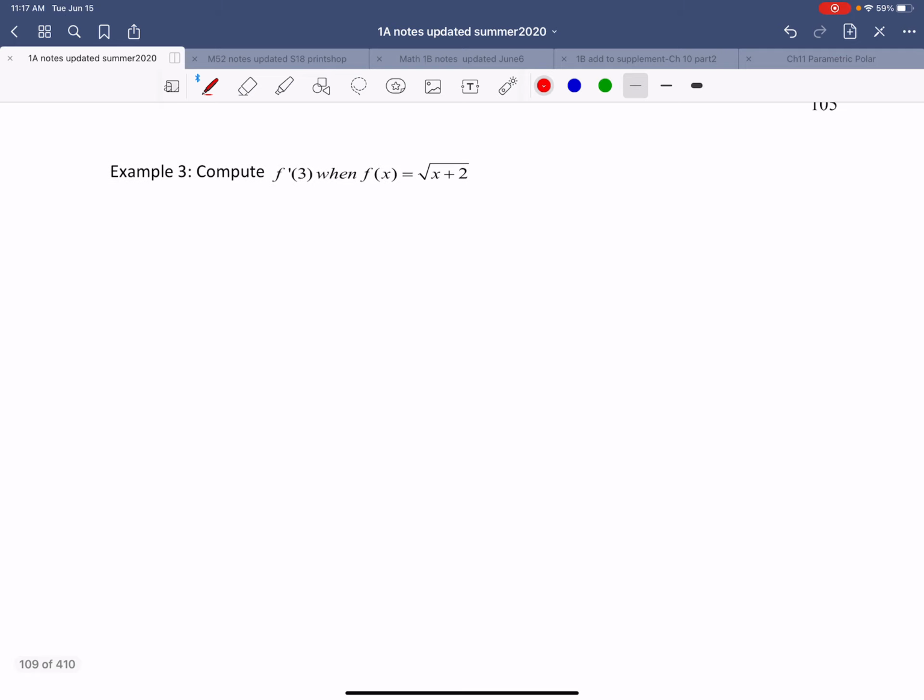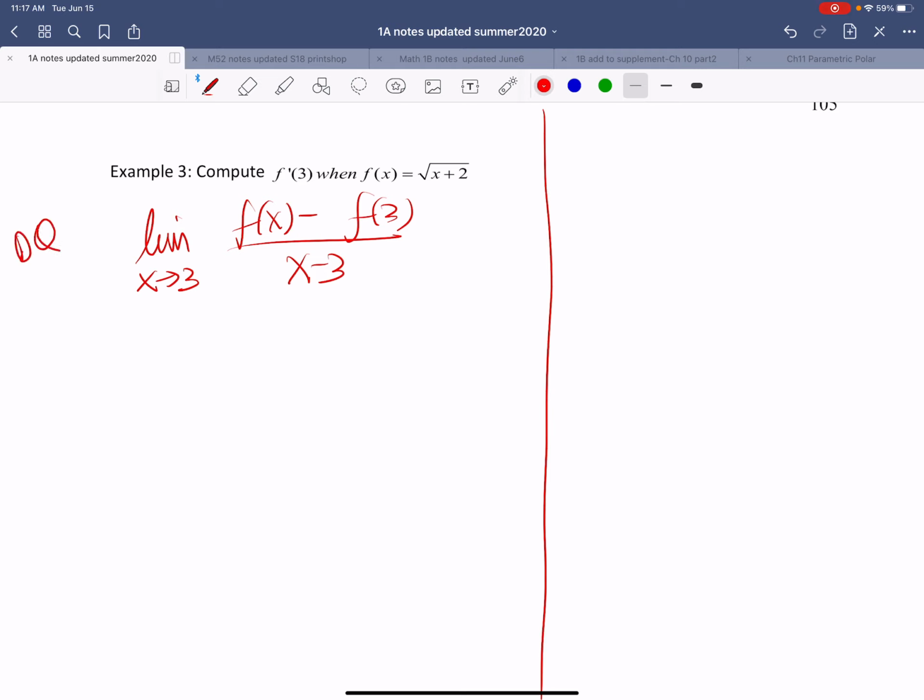Compute f prime of 3 when f of x is square root of x plus 2. Alright, so limit x approaches 3, f of x minus f of 3 divided by x minus 3. This is the difference quotient.